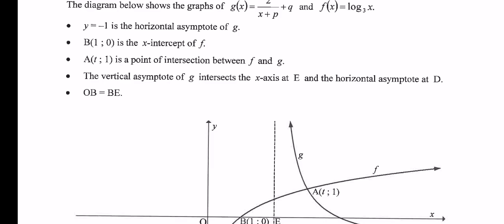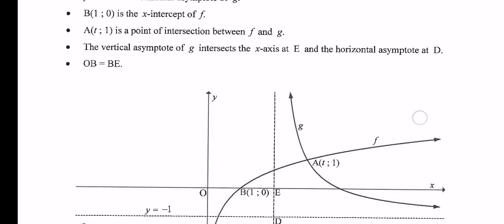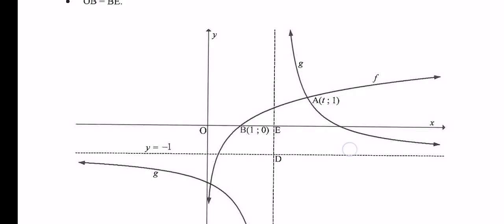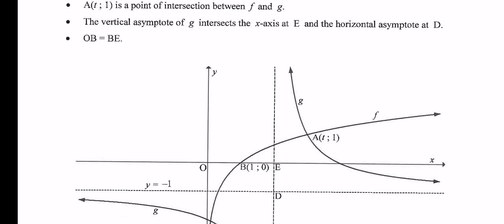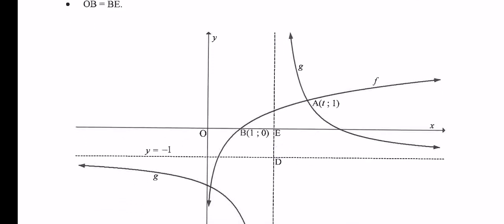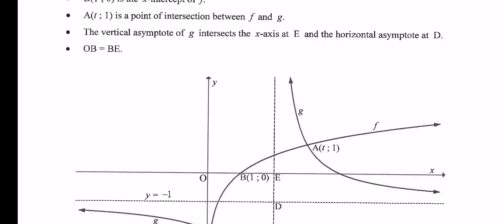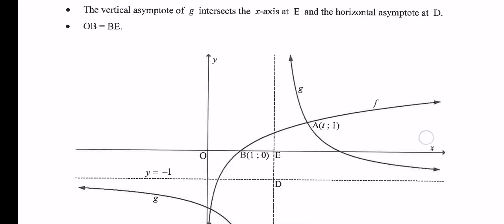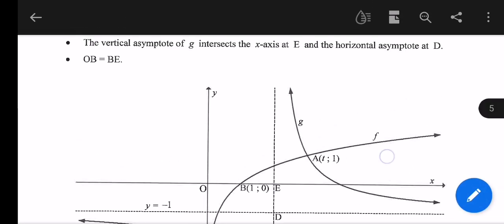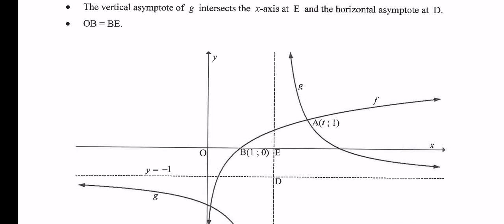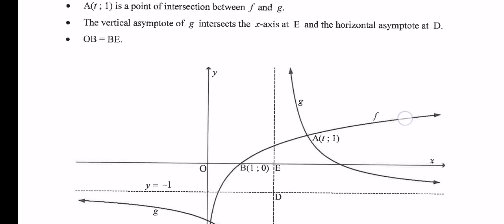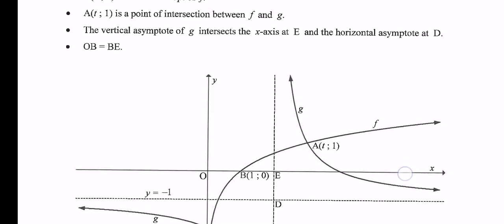The vertical asymptote of g, of the hyperbola, intersects the x-axis at E, a point that we are not given, and the horizontal asymptote at D is also not given.